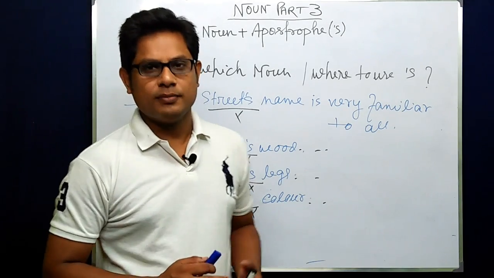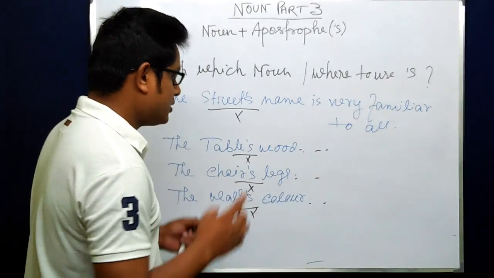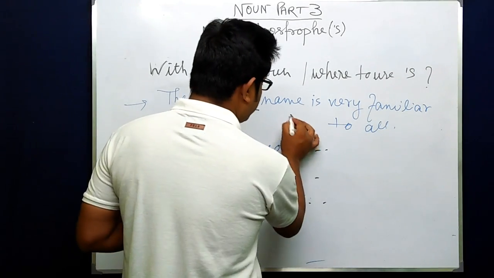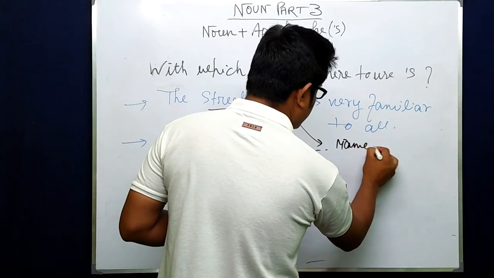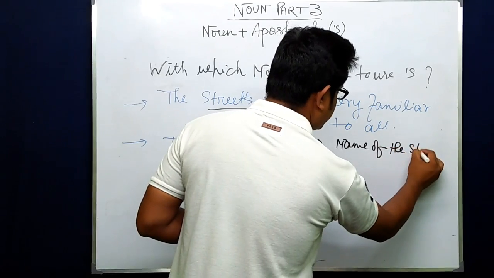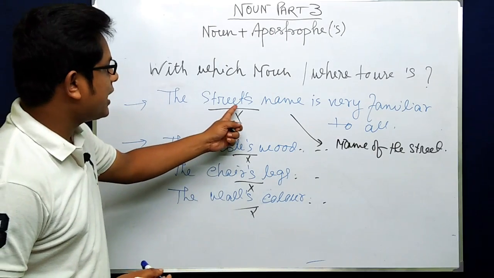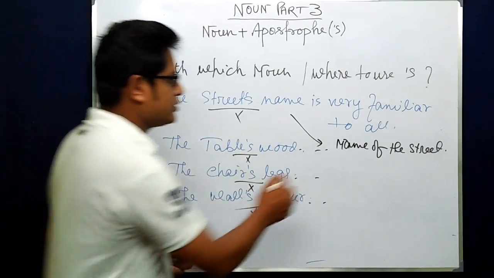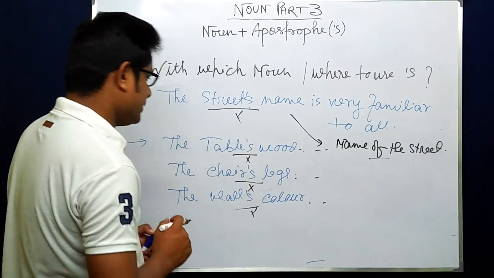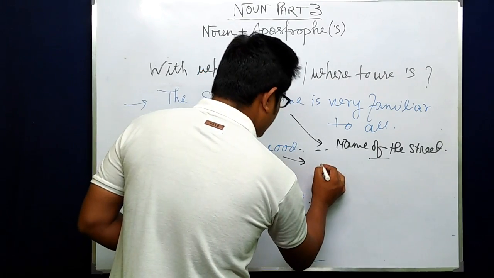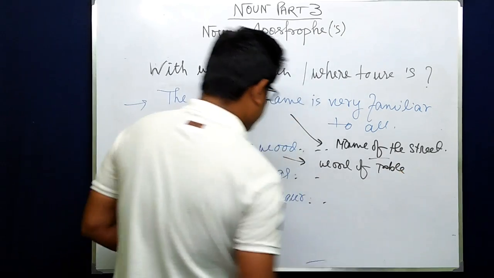But how to use them? How to say that a street's name or table's wood? See, you have to use the name of the street. Clear? So you cannot use street's name, but you can use of in place of apostrophe s. Clear? That's the way of writing. So you can use wood of table, right?